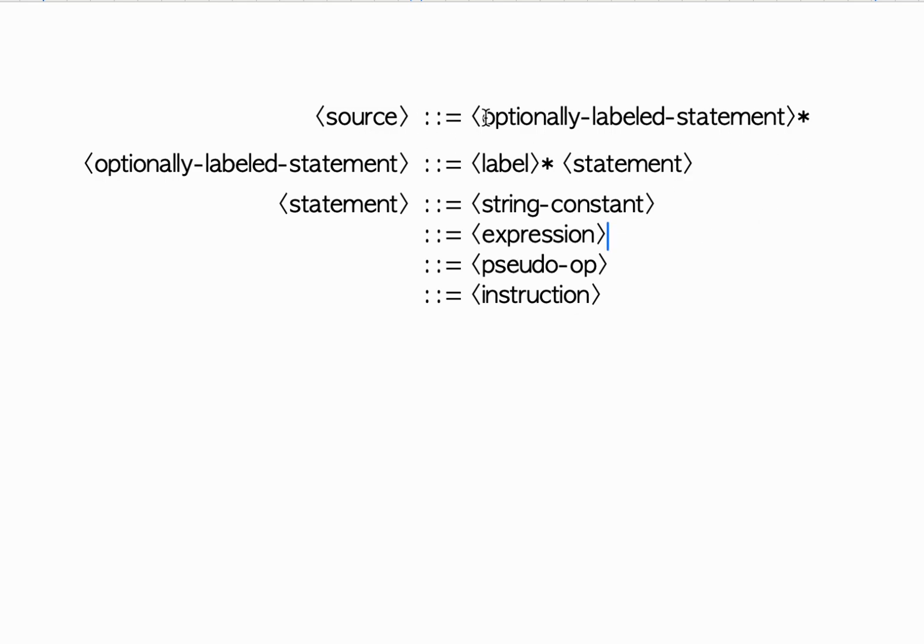So a source file is 0 or more optionally labeled statements. An optionally labeled statement is 0 or more labels followed by a statement. And a statement is a string constant, an expression, a pseudo operation, or an instruction. Okay? So we need to write code that will look for statements and labels and things like that.